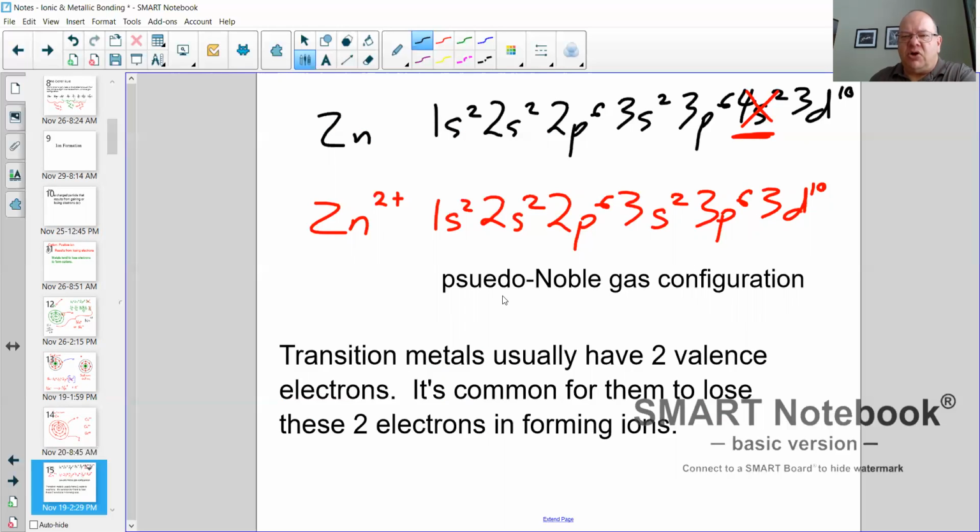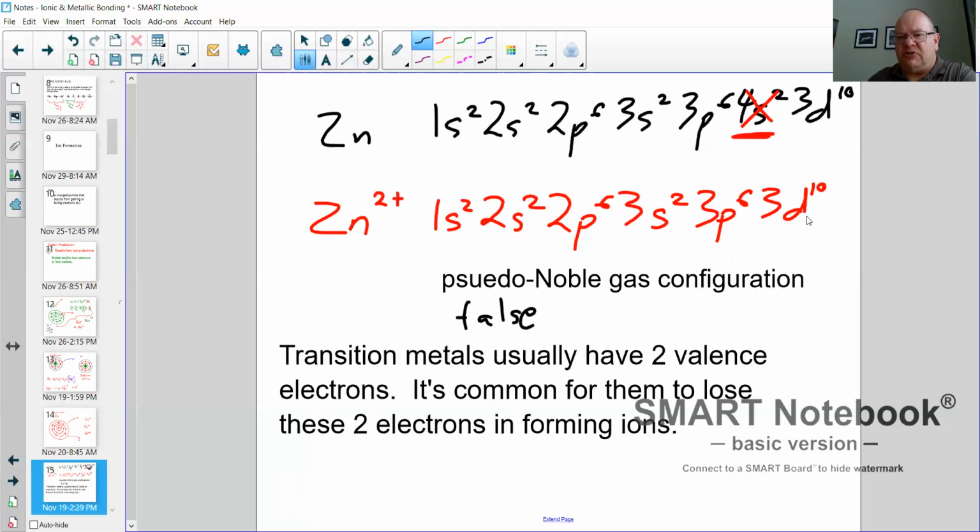Okay? Now this is called a pseudo noble gas configuration. And I kind of hope that you know from other language use that pseudo means false. If you don't, well, now you do. So it's got not only its 8 normal electrons in the S and P sublevel, it also has D electrons, but in this case, the D sublevel is also full.